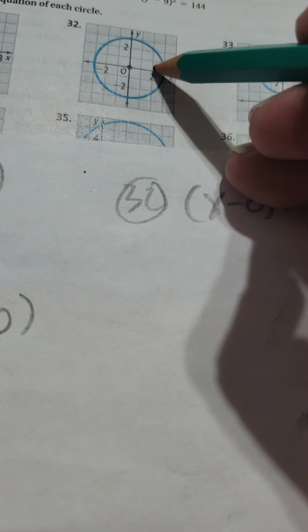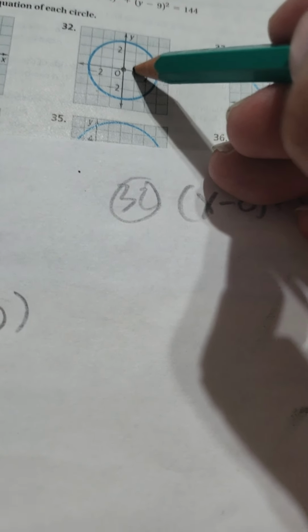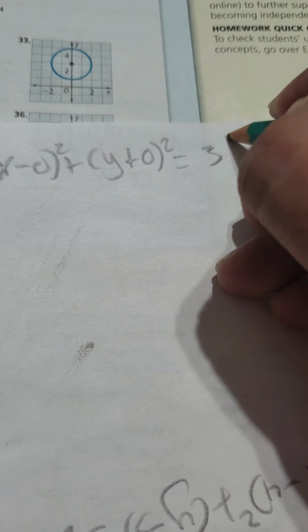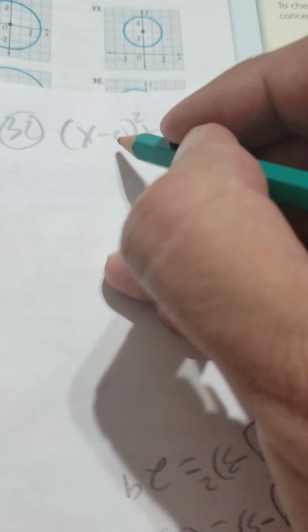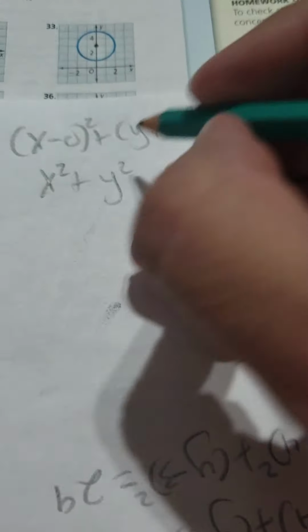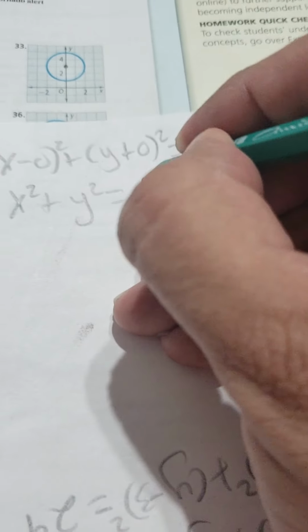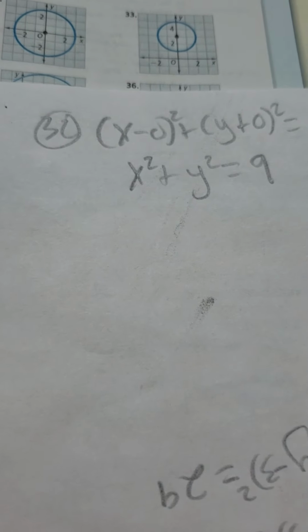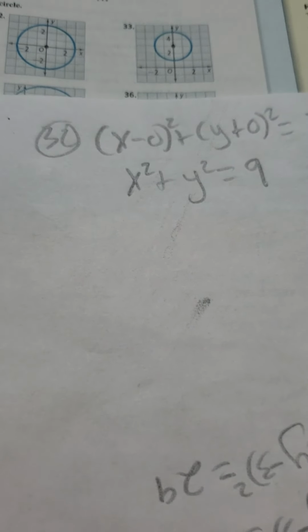What is the radius? We have to count. Every square is 1 unit: 1, 2, 3. That means 3 to the second power. Let's simplify: x minus 0 is x, so x² + y² = 9. That is the answer for number 32.